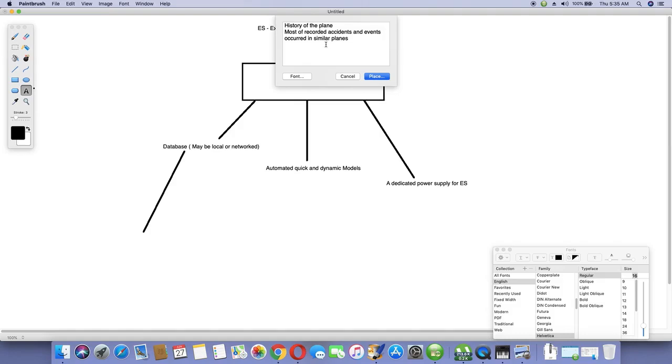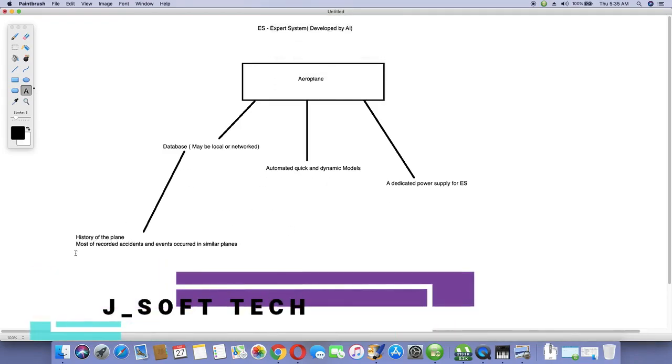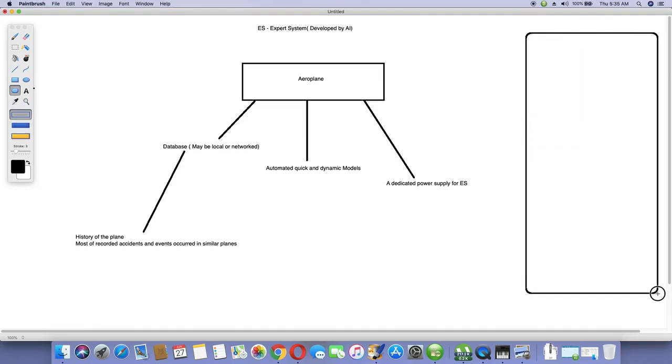I'll show you what it is for. And there are the more automated, quick and dynamic models. I will explain the recorded accidents and events, and we can check that in another part.